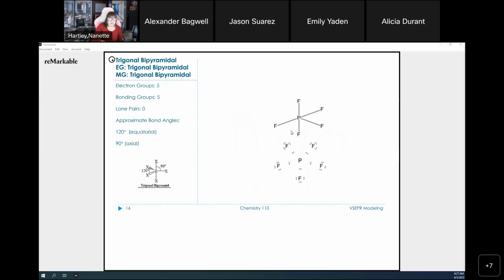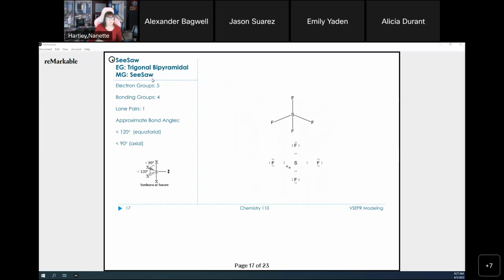When we take one of those groups and turn it into a lone pair, we're now talking about 5 electron groups in total, but 4 of them being bonding. So we've got a lone pair that's stuck off here. SF4 is one of these. That means that one lone pair is in the equatorial plane, and then everything that's left, these 4, if you think about it, if you turn this on its side, it actually looks kind of like a seesaw, right?